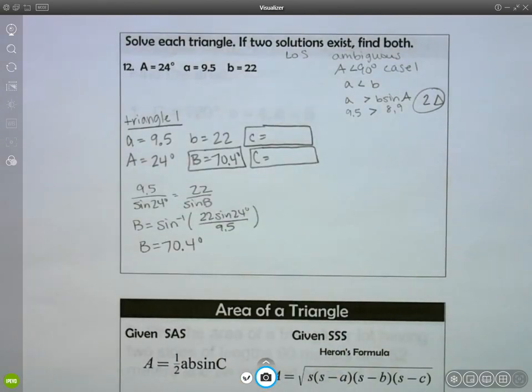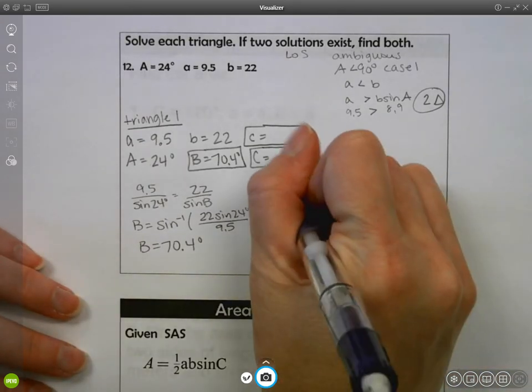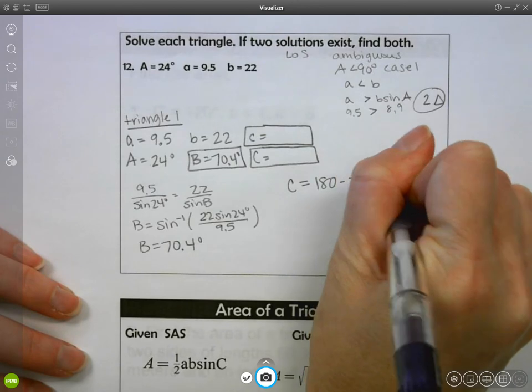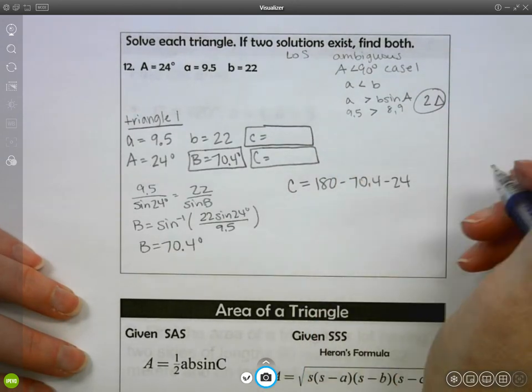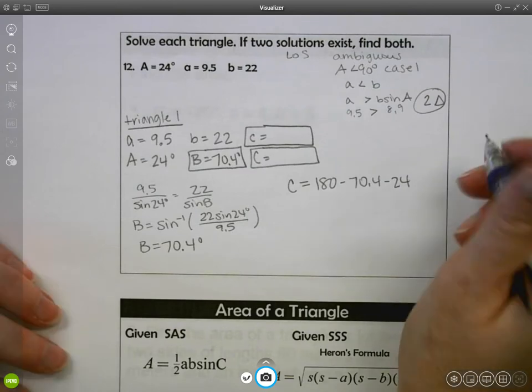All right, so from there, we can subtract from 180 to find the other angle.